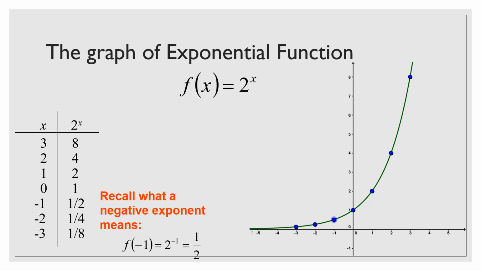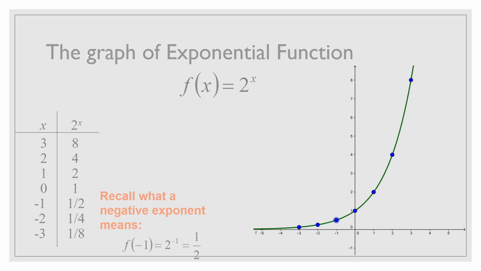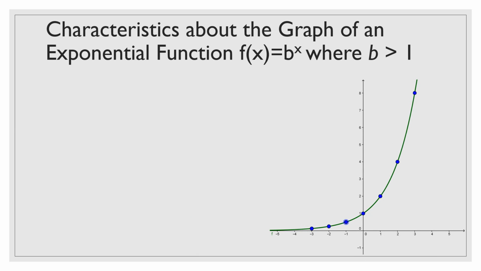As you can see here, that is the graph of f(x) = 2 raised to x. Now, what are the characteristics of the graph of an exponential function? What is the domain of the exponential function?